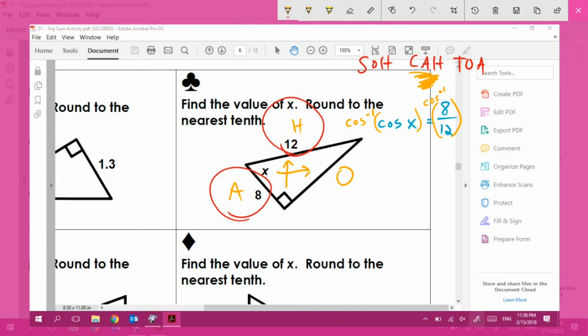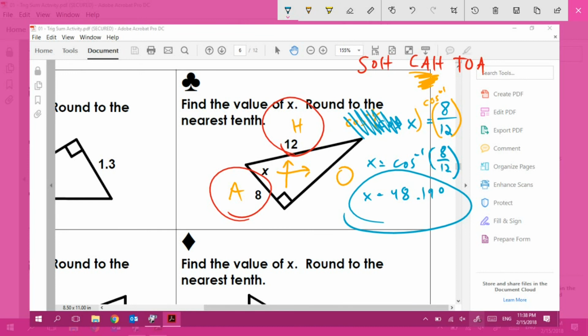That's going to cancel out the cosine on the left side and leave you with x equals the inverse cosine of 8 over 12. And if you put that in the calculator, the trusty La Calculadora, that's going to give you 48.19 degrees.